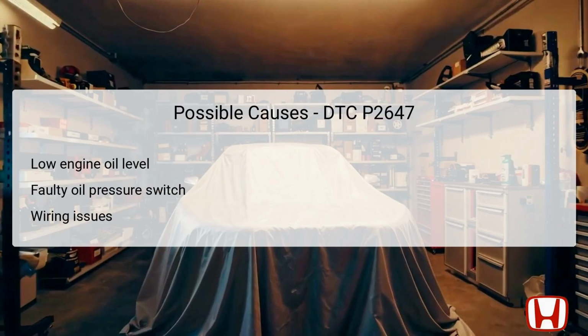Firstly, a low engine oil level is a primary concern, as it can cause insufficient oil pressure, resulting in false signals from the rocker arm oil pressure switch. Secondly, the oil pressure switch itself may be faulty. Internal failure or wear can lead to incorrect circuit readings.